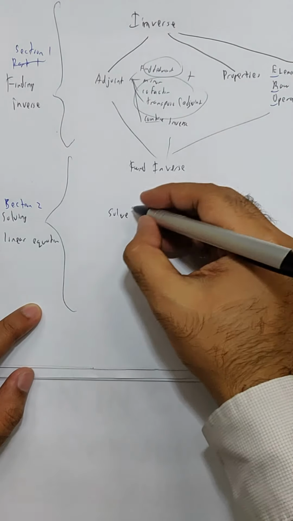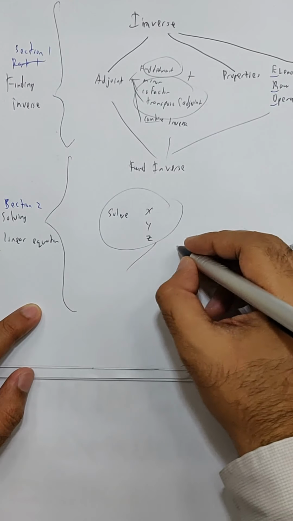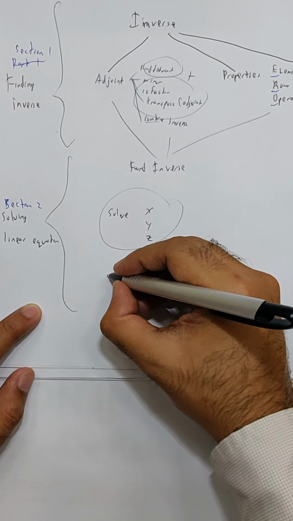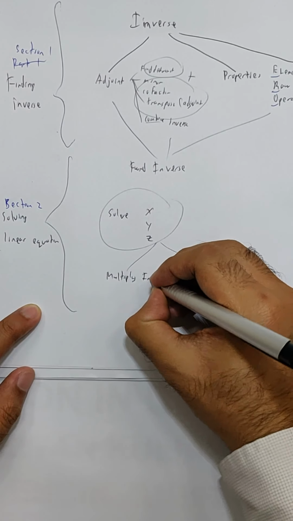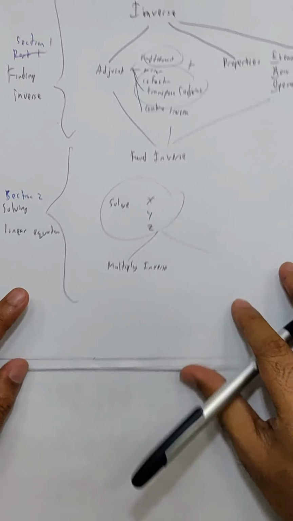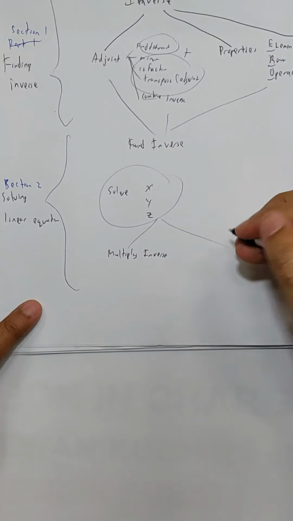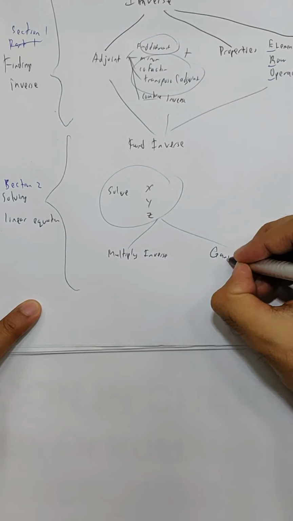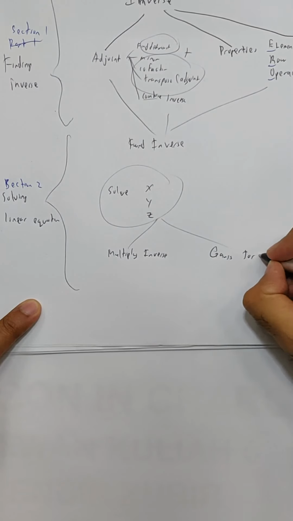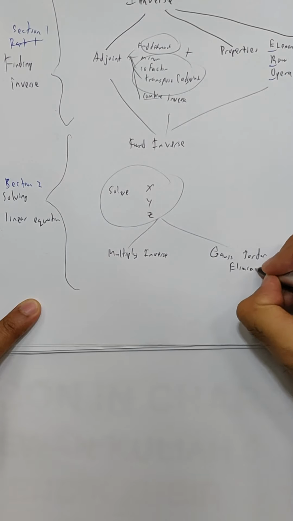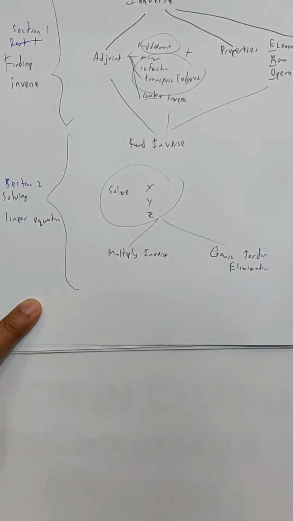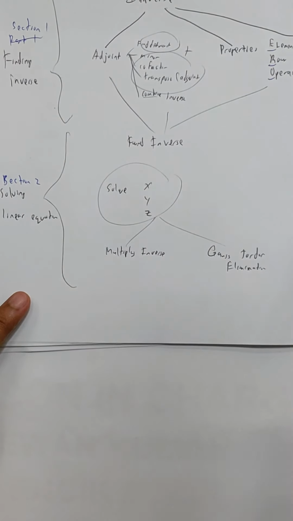You need to solve this either by using multiply inverse, or you might need to use Gauss-Jordan elimination, which I explained briefly over here.